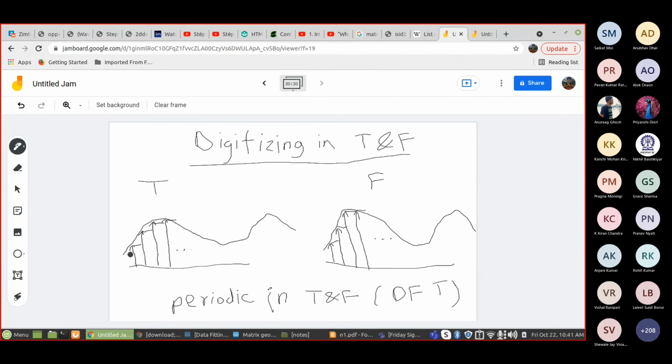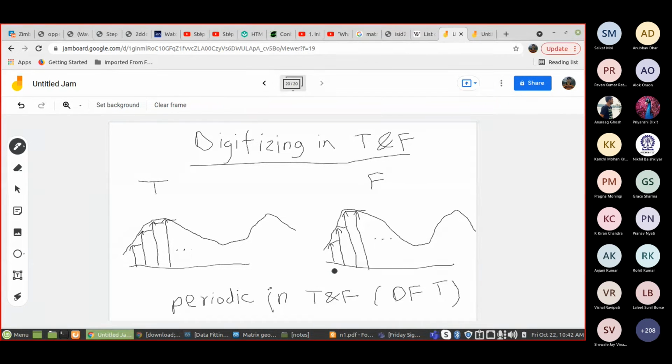Quickly, if I can explain with this figure. In the time domain, this was the envelope. We discretized it, which led to periodic extension in the frequency domain, and then we discretize in the frequency domain also, which led to periodic extension in the time domain. Now these envelopes we are approximating by this piecewise constant signal.